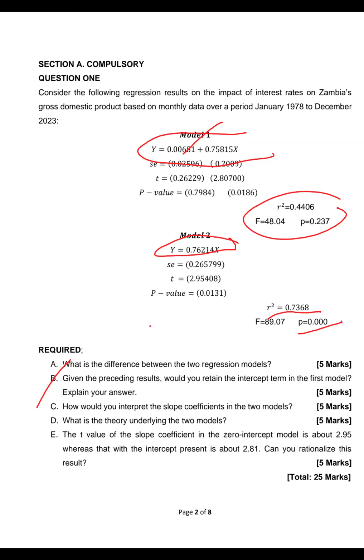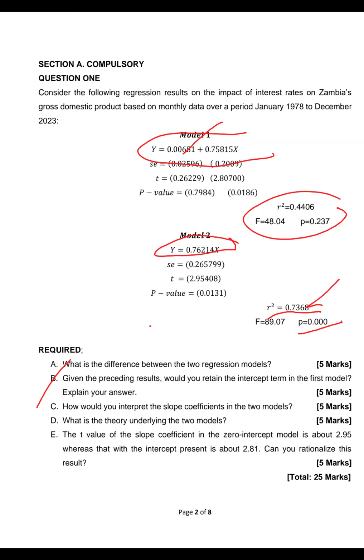Yes, why? Just like you explained, the coefficient of determination is 44%. So meaning when you drop the intercept, the model improves both in terms of the fitness, because the R squared measures the model fitness.